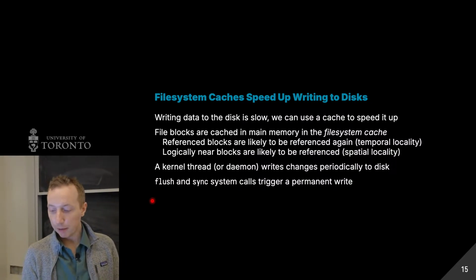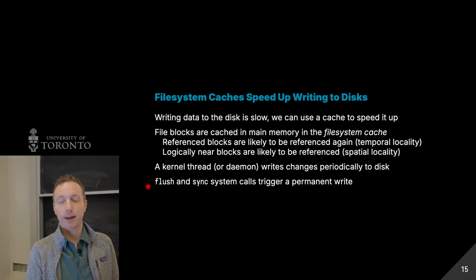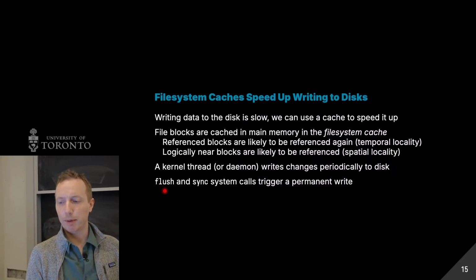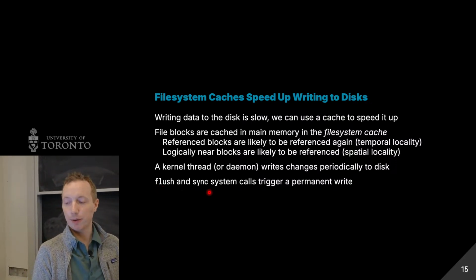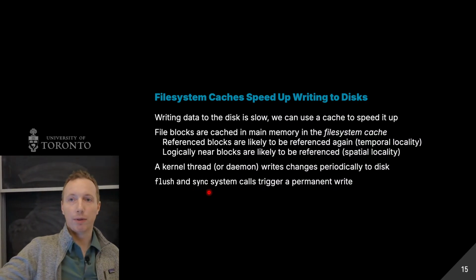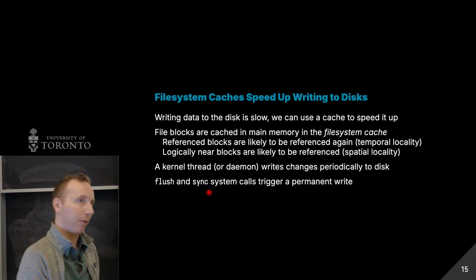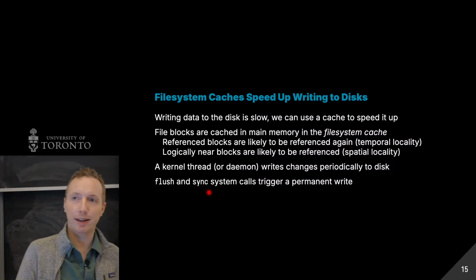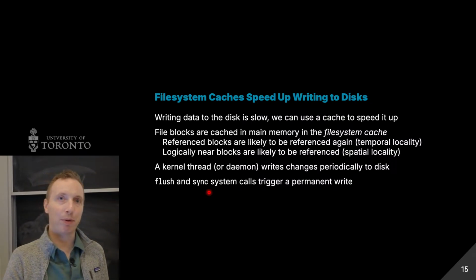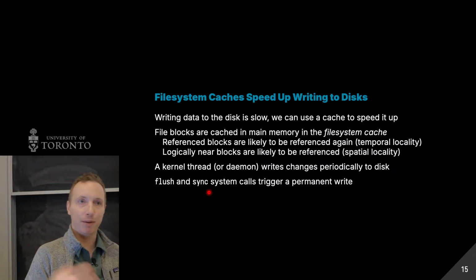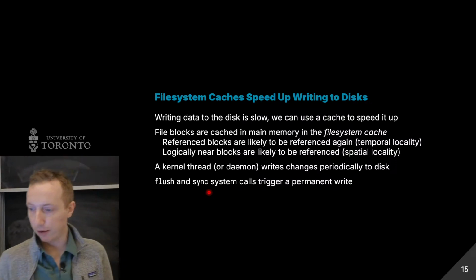So if I want to force writing to a device, I can use a system call or command called flush or sync, and that will trigger all of the writes to happen. Same for this idea of buffering with printf. That's why I use fflush sometimes to flush out printf, so it actually does the write system call.